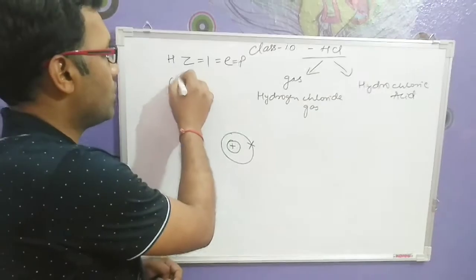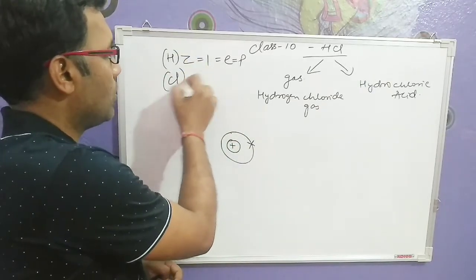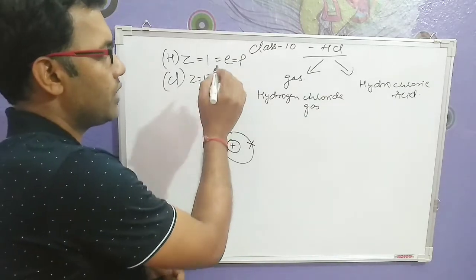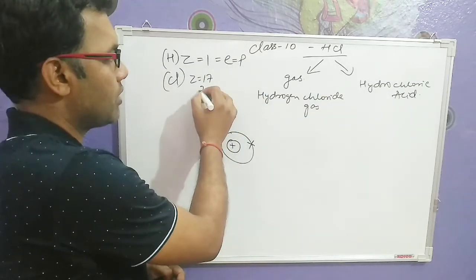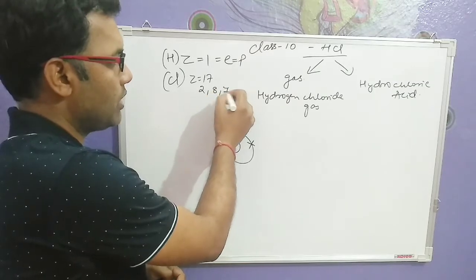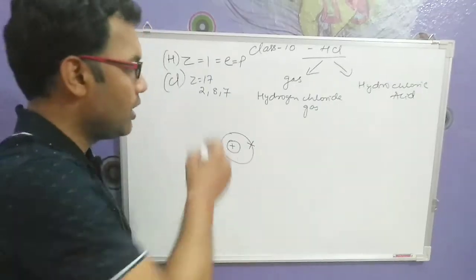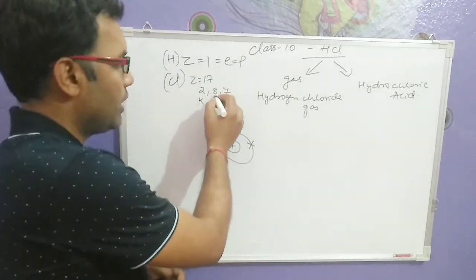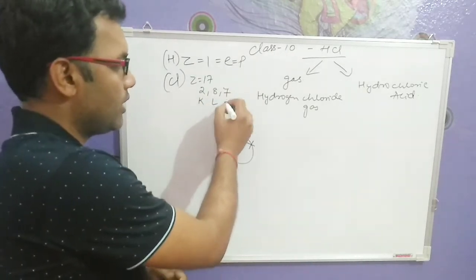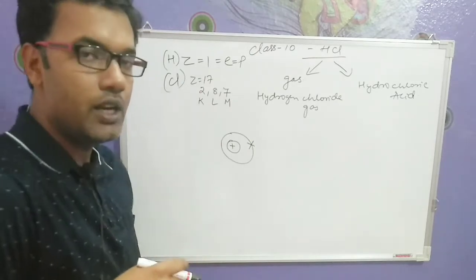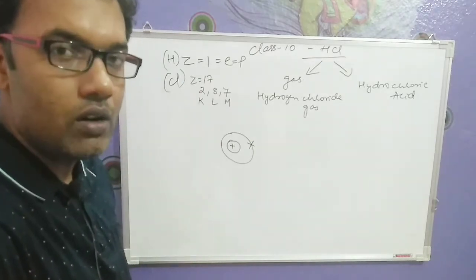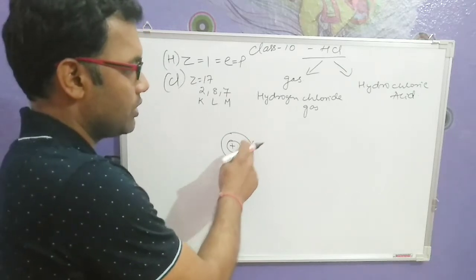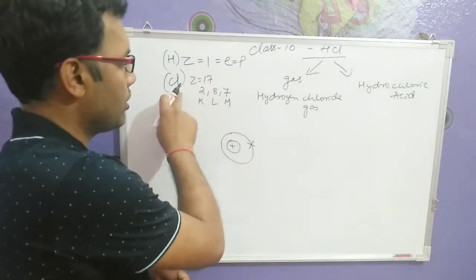Now coming to chlorine. Chlorine's atomic number is 17, and if we write the electronic configuration, this becomes 2, 8, 7. Okay, 2 will be placed in the K shell, 8 in L, and 7 in M. We all know what the orbits are. Now this is for hydrogen. The second one we will draw for chlorine.